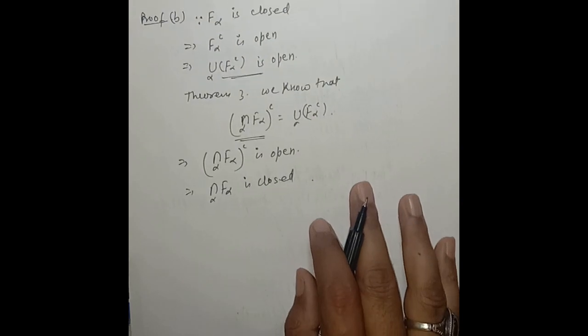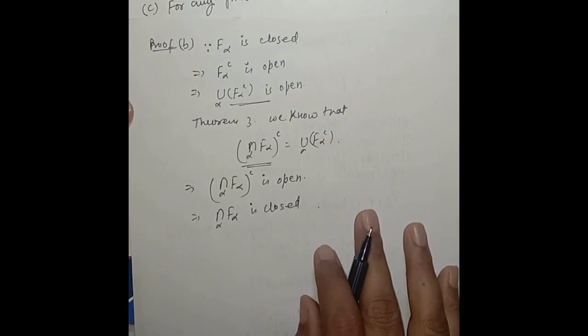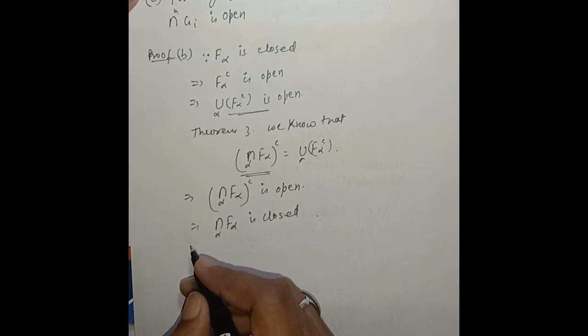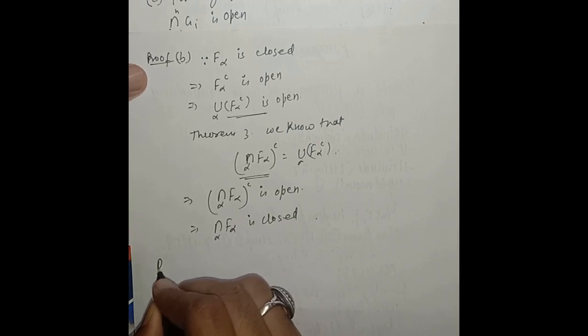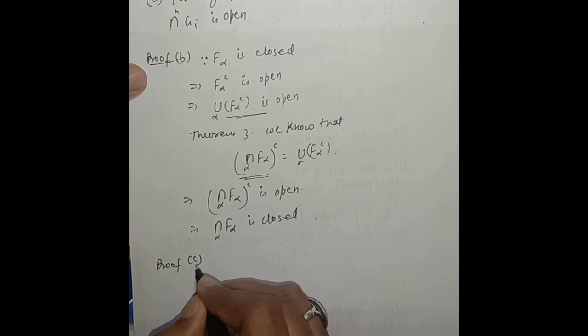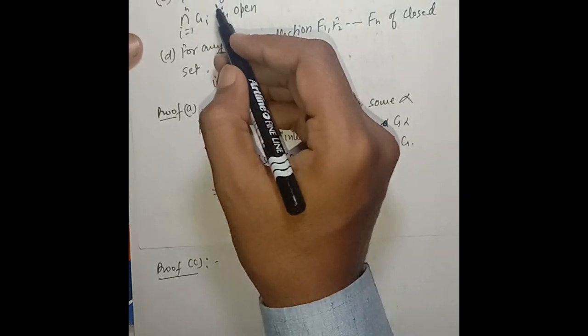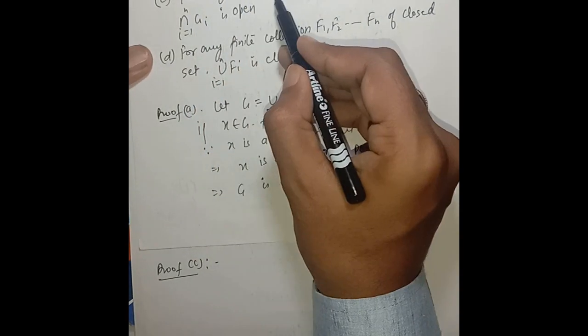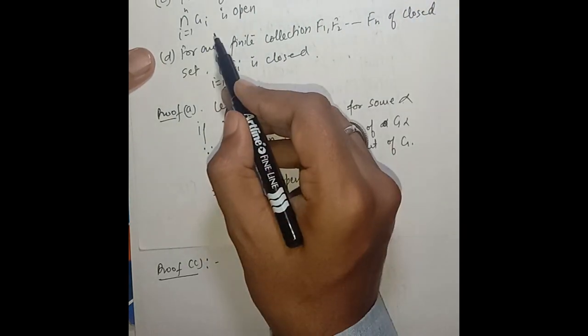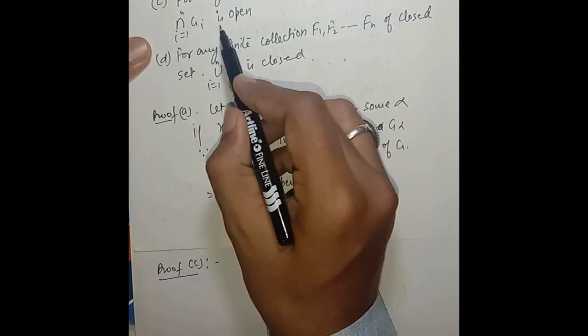Now we are going to prove the C part. For any finite collection of open sets, the intersection is open.